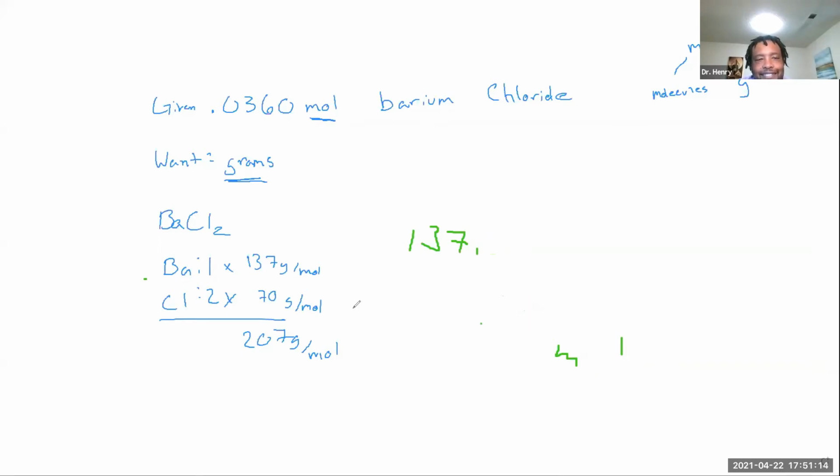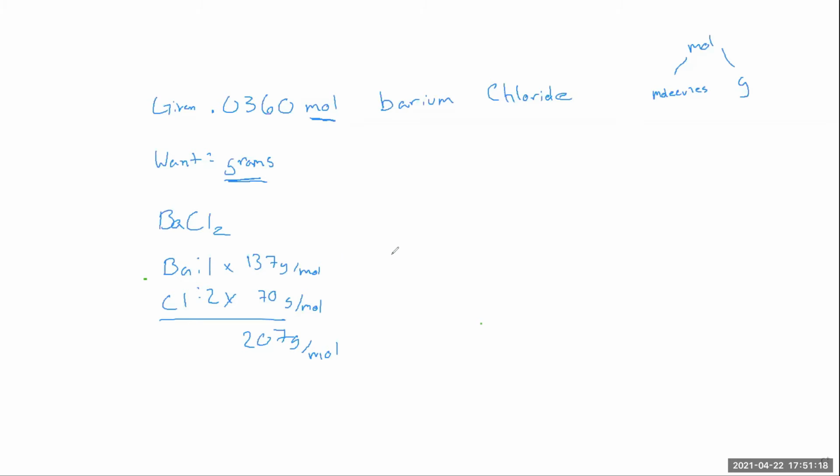Okay. So let's account for rounding. 137.3 grams per mole. Then we have 2 chlorines that are each going to be 35.45.